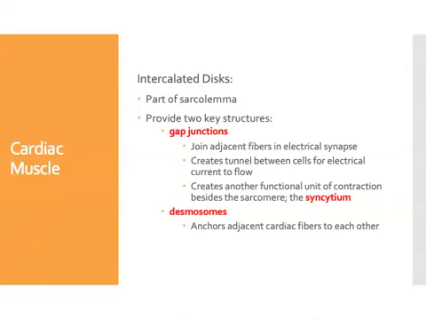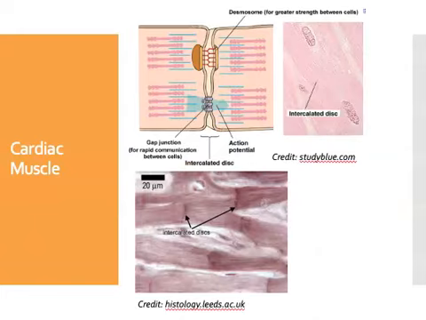Let's take a look at an intercalated disc. Down at the bottom here, you're just looking at an actual image of cardiac muscle. You can see the individual cells here. There are several of them. You can see the branching that goes on between the cells, and you can see these dark lines.